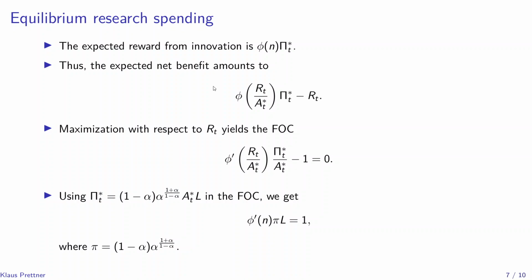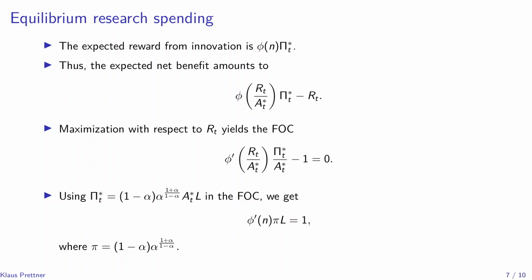Now we can compute equilibrium research spending, or the optimal research spending of this innovator. The expected reward from innovation for this innovator is the probability that its innovation will be successful, phi of n, multiplied by the profits that it can get with a successful innovation, which is pi_t star.